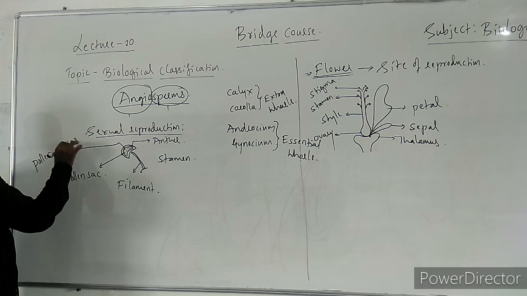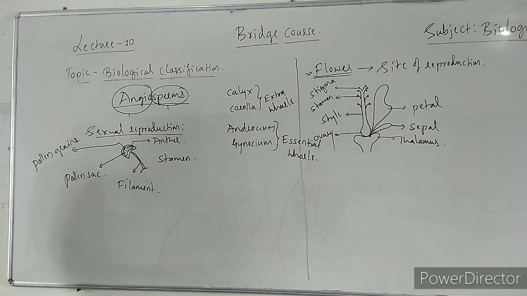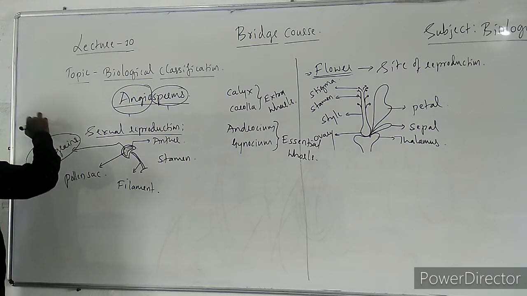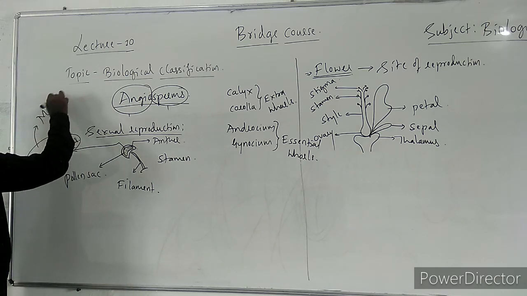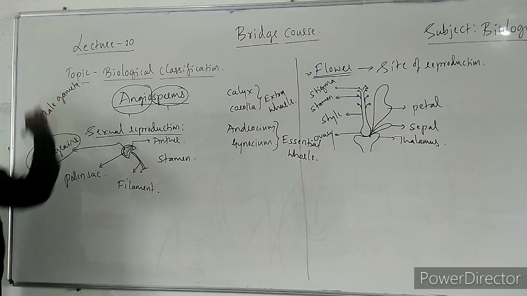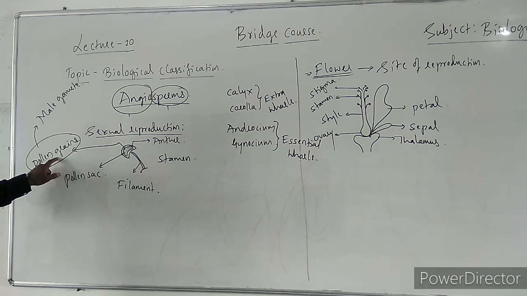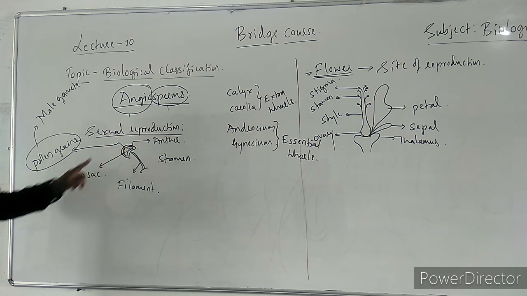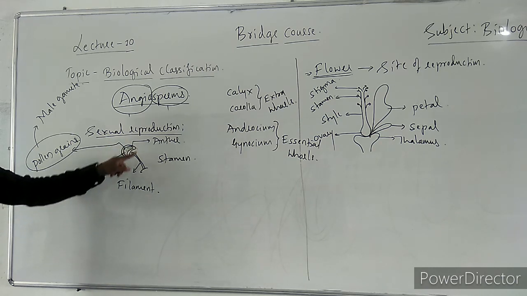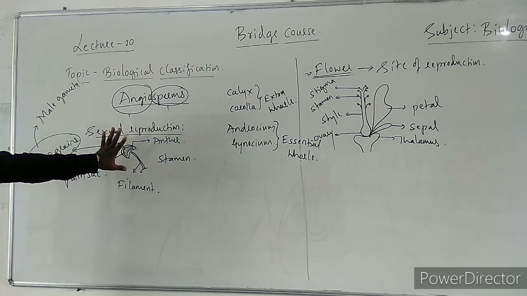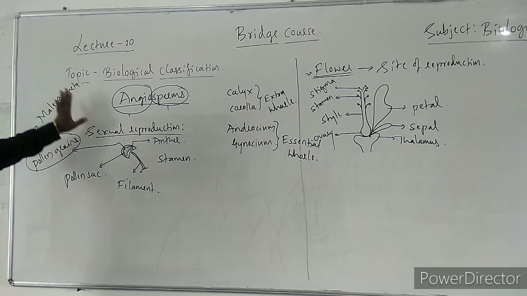These pollen grains mainly consist of male gametes. The male gamete is present inside the pollen grains, the pollen grains are present inside the pollen sac, and the pollen sac is present inside the anther. This is the fact you should know. Now you know where the male gamete is located.